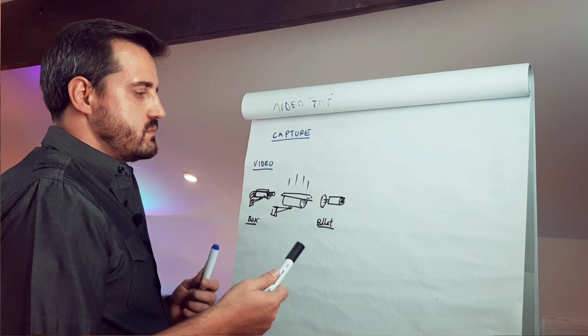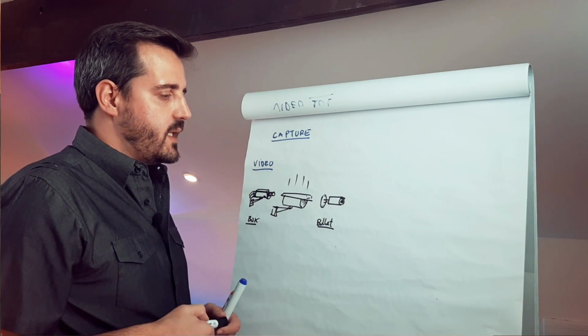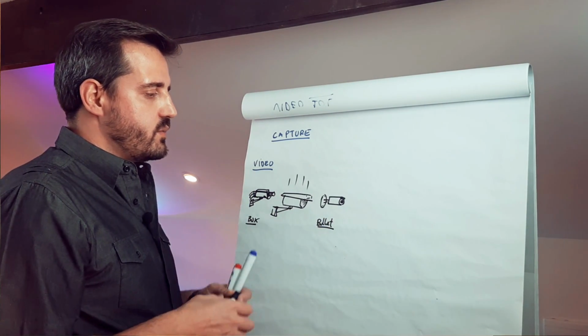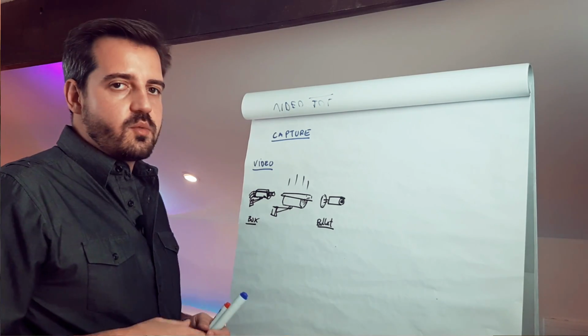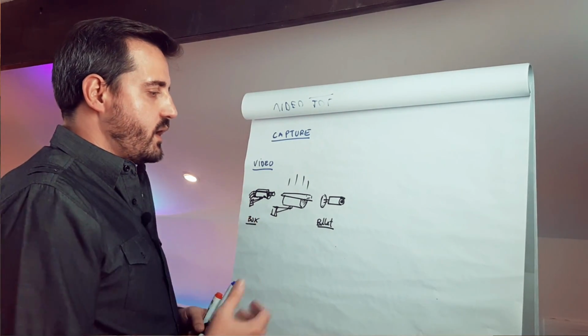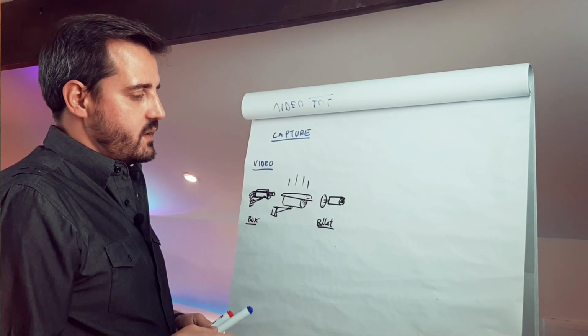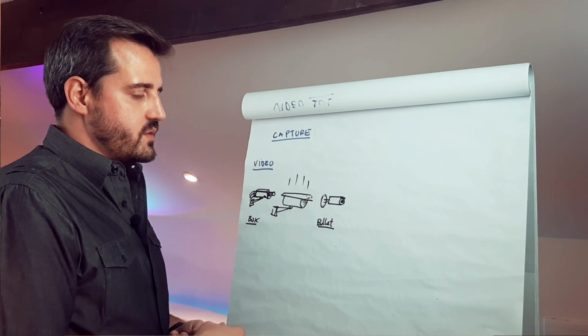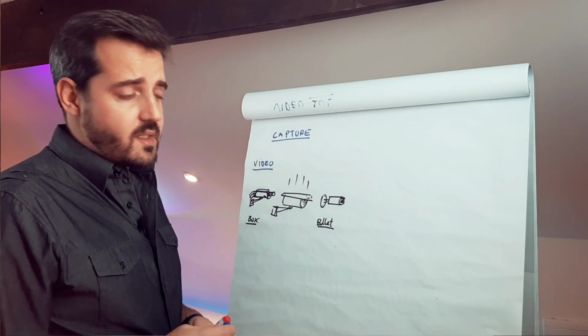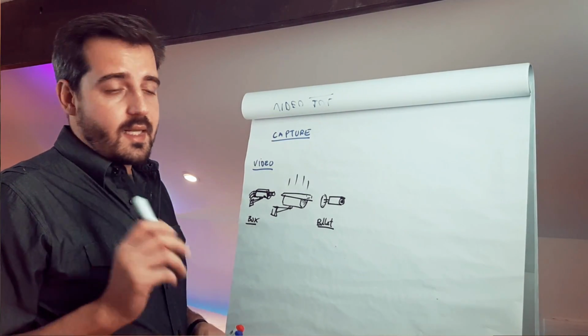Normally it's already built with a material that can handle rain and sun, etc., and has some classifications like IP66, IP67, as we saw in other classes.